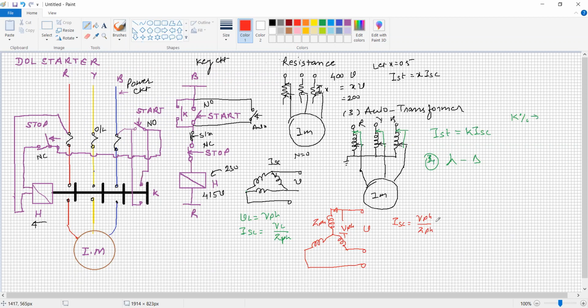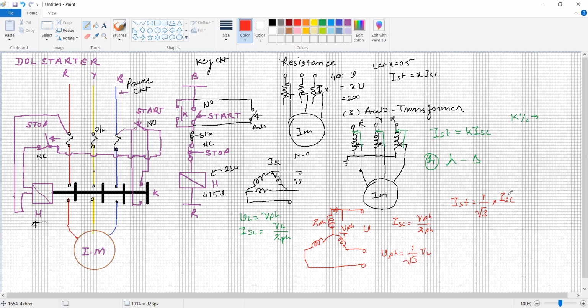So under such condition, the starting current IST, the voltage is reduced by VPH equal to 1 upon √3 into VL. So here the short circuit current is equal to 1 upon √3 into ISC. If the motor is connected in delta, the current in the starting period is reduced by 1 by √3.